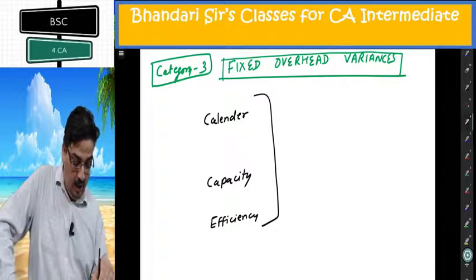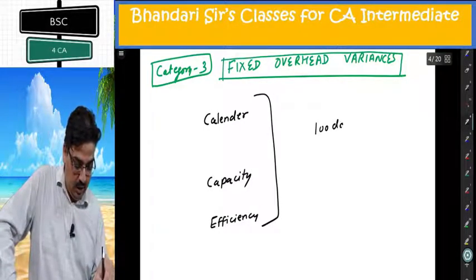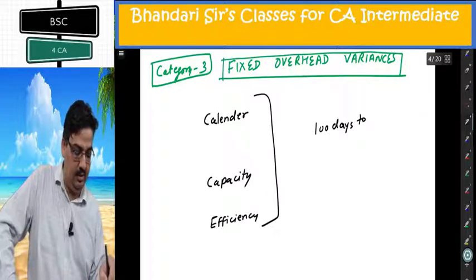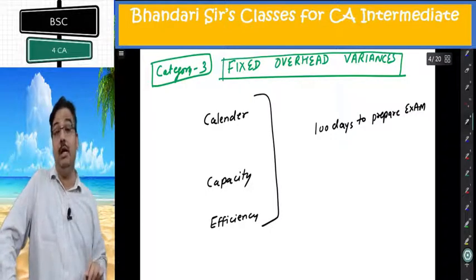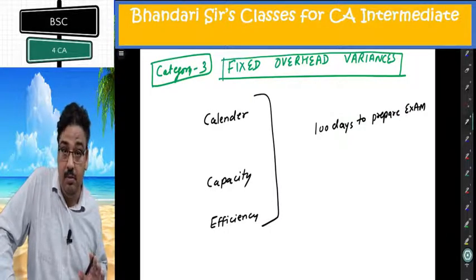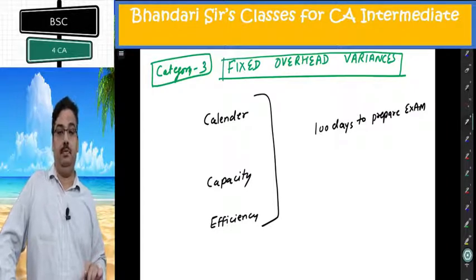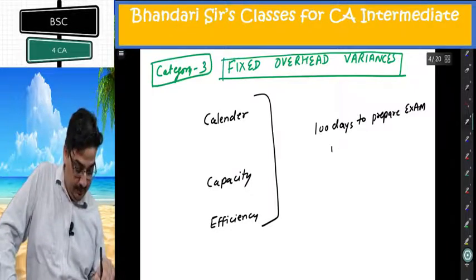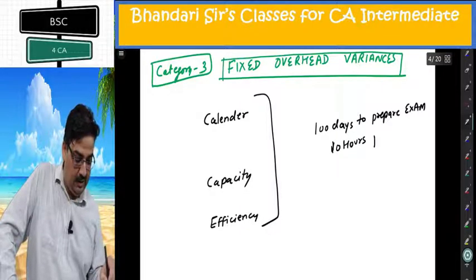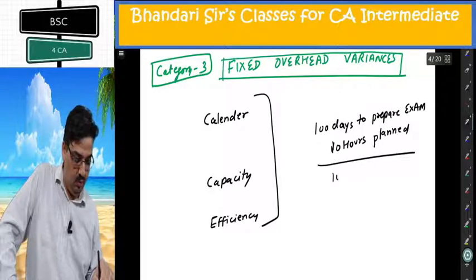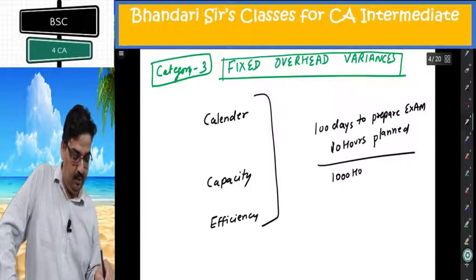Let us say you have 100 days to prepare your exam. You plan to study 100 days before your exams. And daily 10 hours planned. What is planned? 1000 hours study.